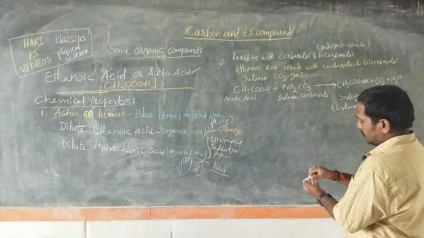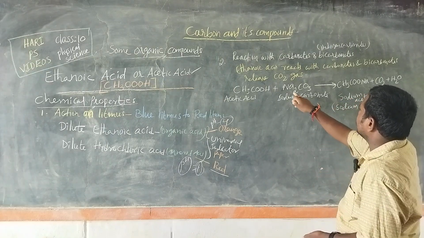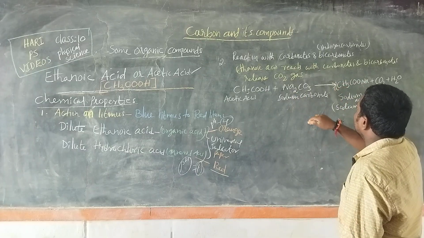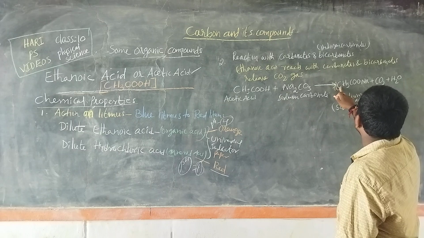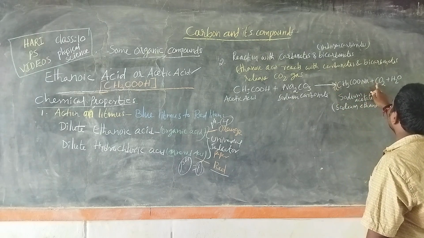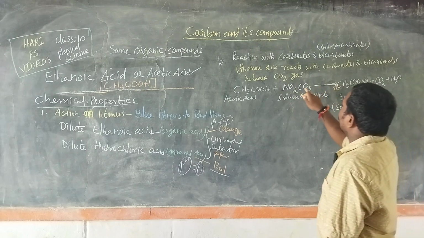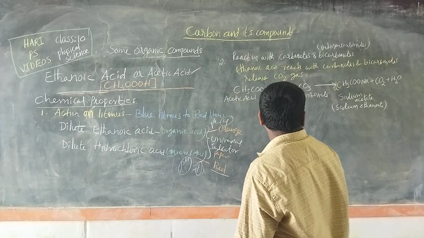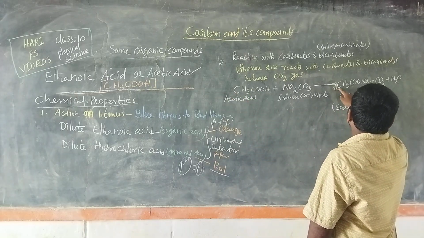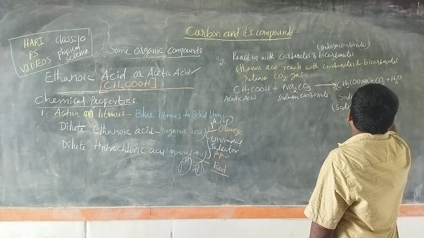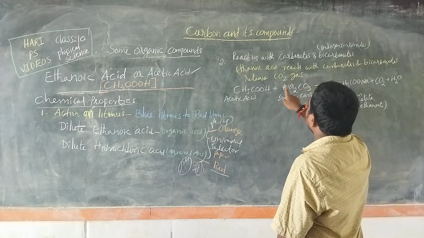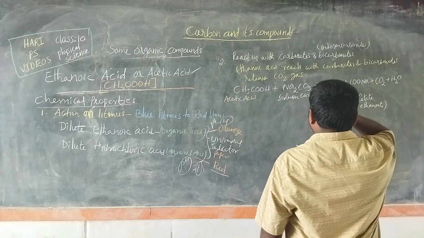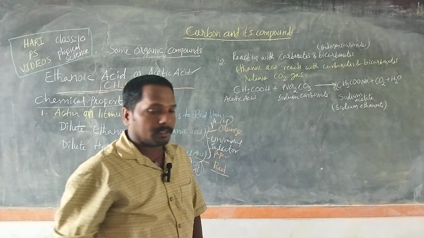You can write the balanced chemical equation. Here there are 2 sodiums, here only 1, so you write 2. Then balance the carbons and the other atoms.